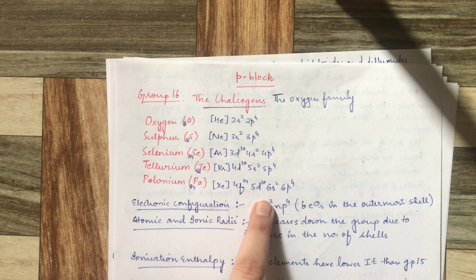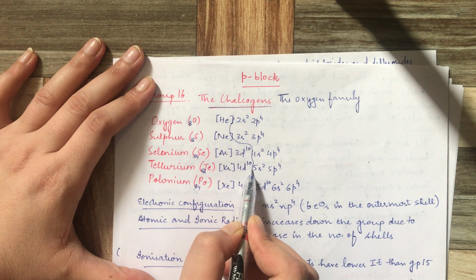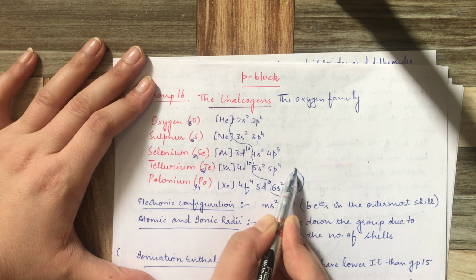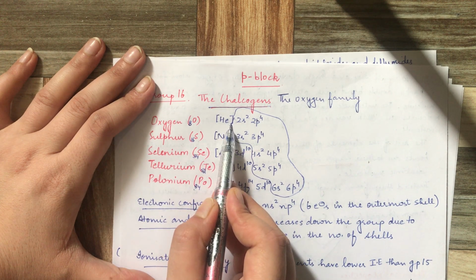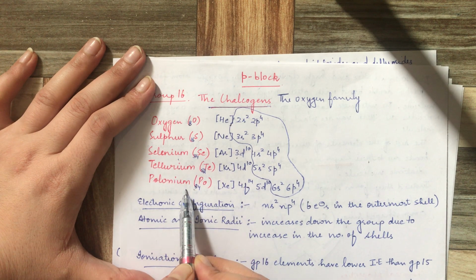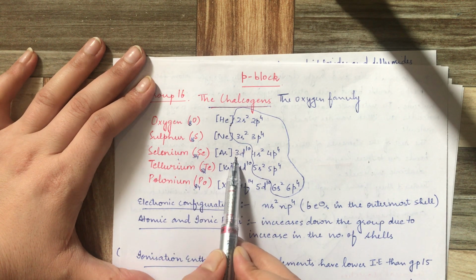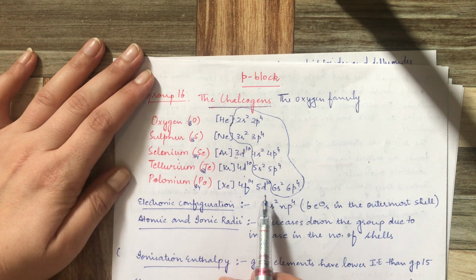Both 4f as well as 5d electrons are intervening. Oxygen has no d electrons, right? Selenium, tellurium, and polonium have 3d, 4d, and 4f and 5d intervening electrons respectively.